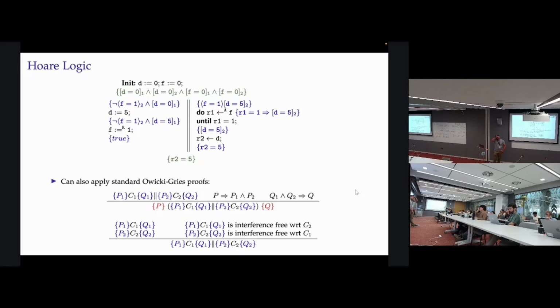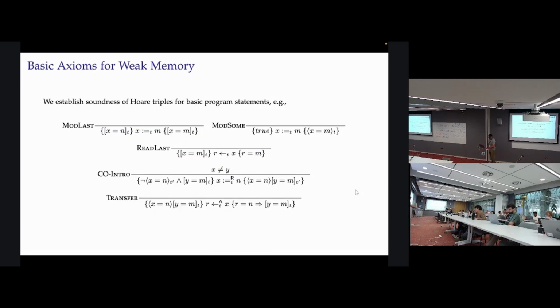The only thing I haven't shown you is the soundness of these rules. In Hoare logic we had two axioms for the atomic statements. That was for the skip statement, and then we had these axioms, if you remember.